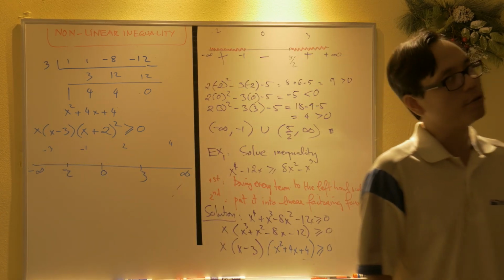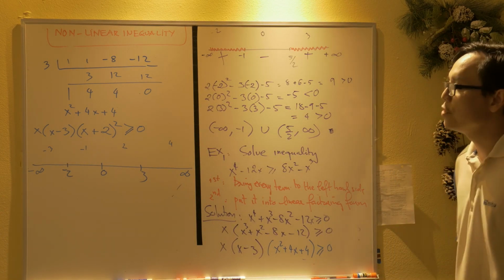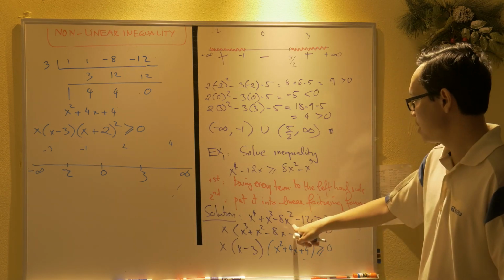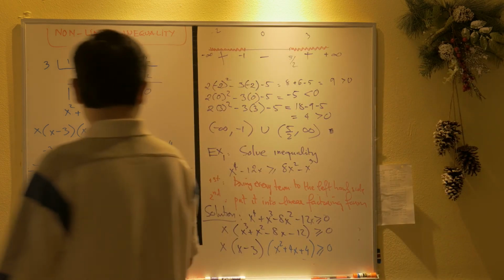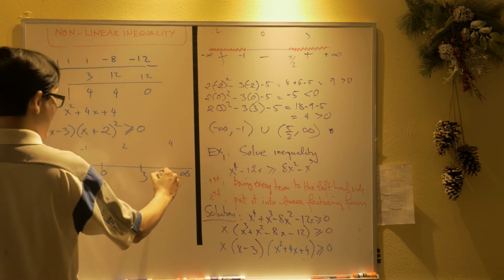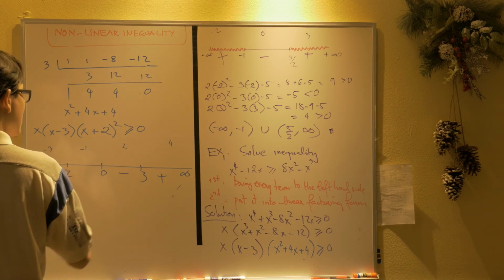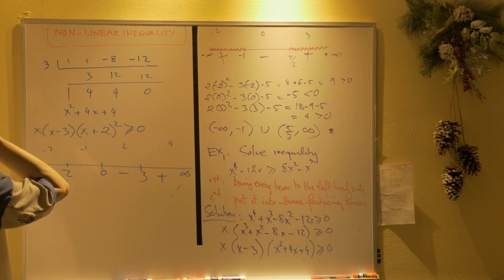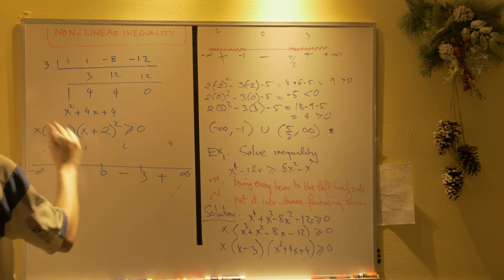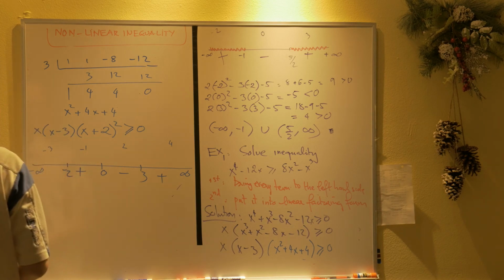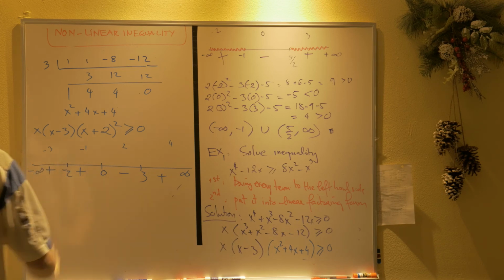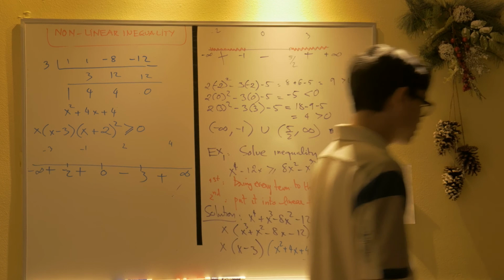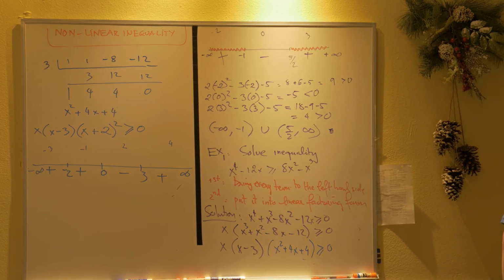Whatever value you want to pick, as long as it's in that interval, you plug it in to see if it's positive or negative. I'm going to do it quickly and skip that step. Now we have positive, positive, negative, positive.